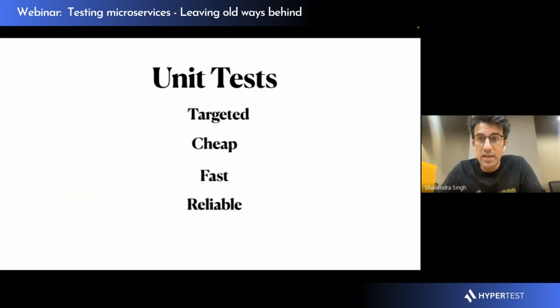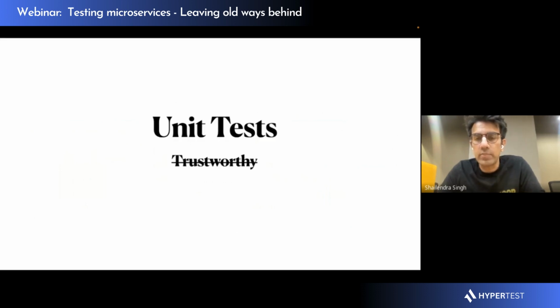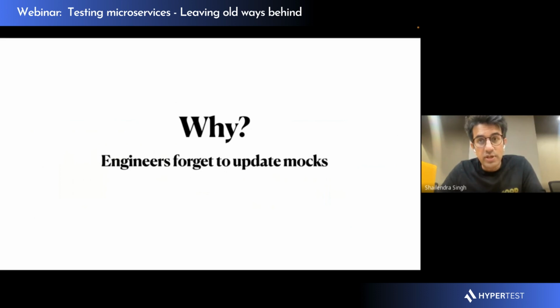But in this case, they were not able to catch these problems. Why did that happen? Because the engineers who were building these tests, engineers from the user service as well as the billing service, forgot to update mocks. So unit tests are built to test a specific unit, and they try to mock all the downstream dependencies.